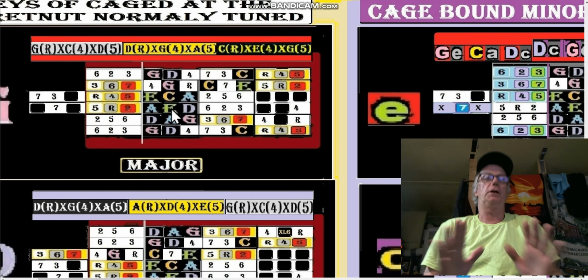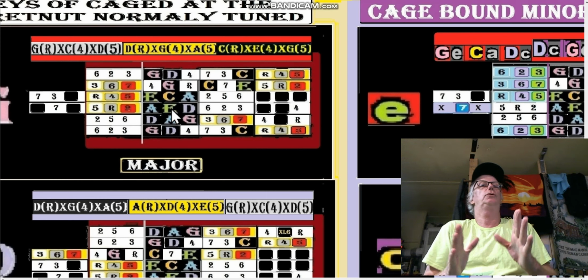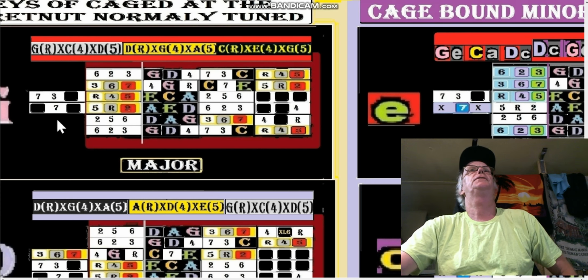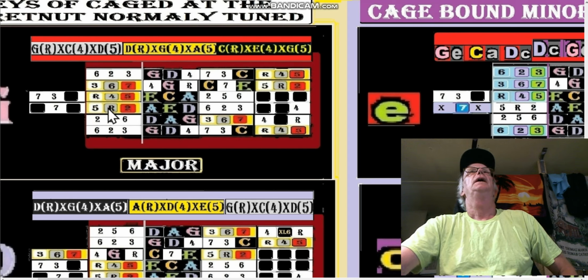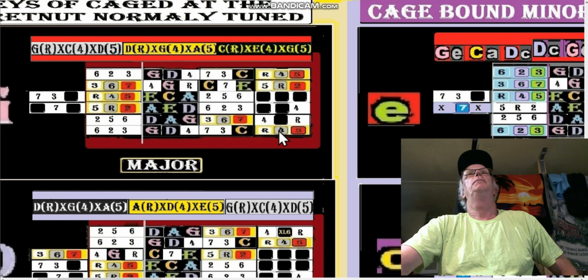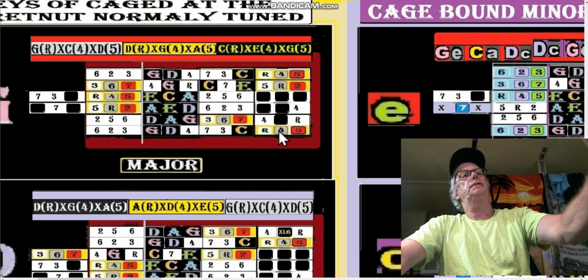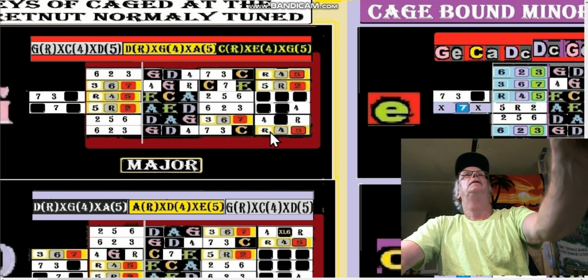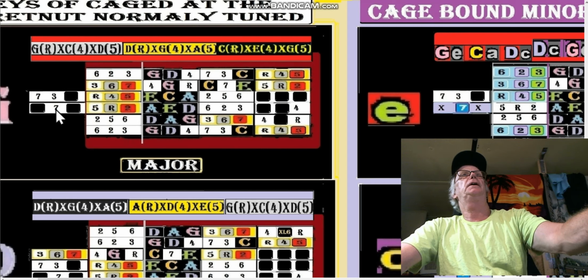So we want total diatonics in all three. So we would keep the seventh for that root, and incidentally, the Lydian has a leading tone seventh.